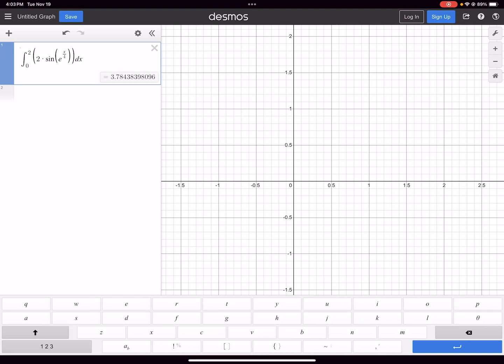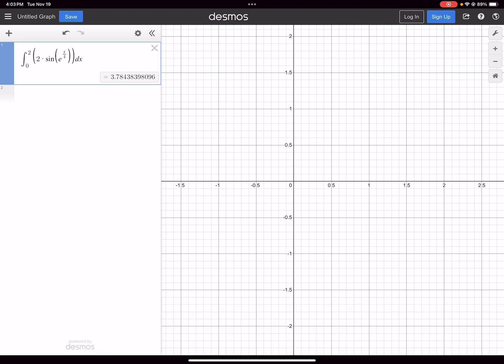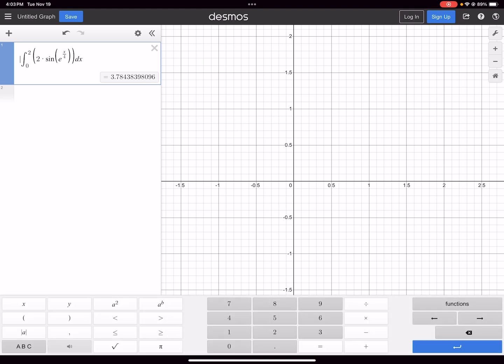And that gives you 3.78 whatever, and then you're going to divide that by 2. And I don't want to divide by 2 there. So let's take this and put 1/2 in the front. And I get 1.892.